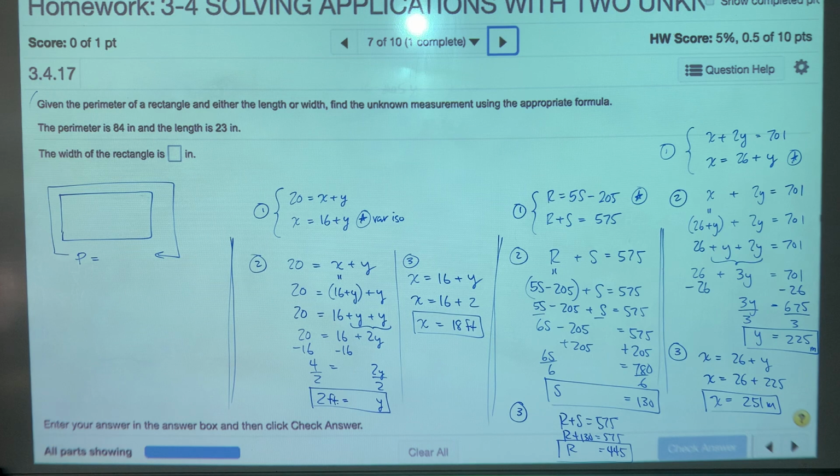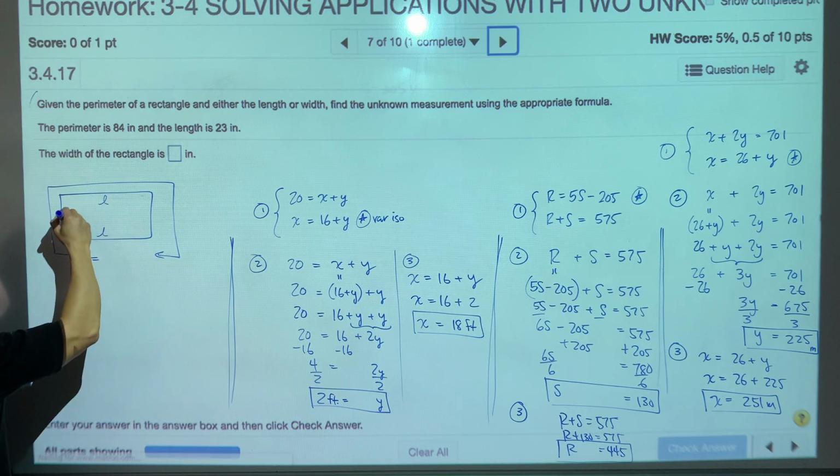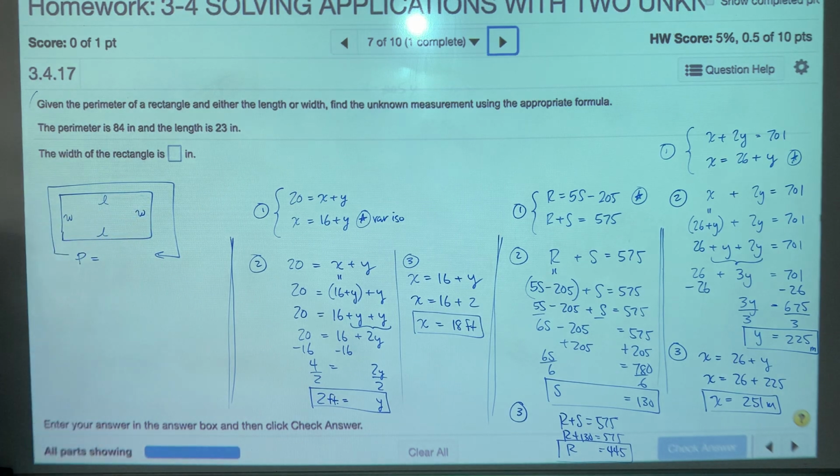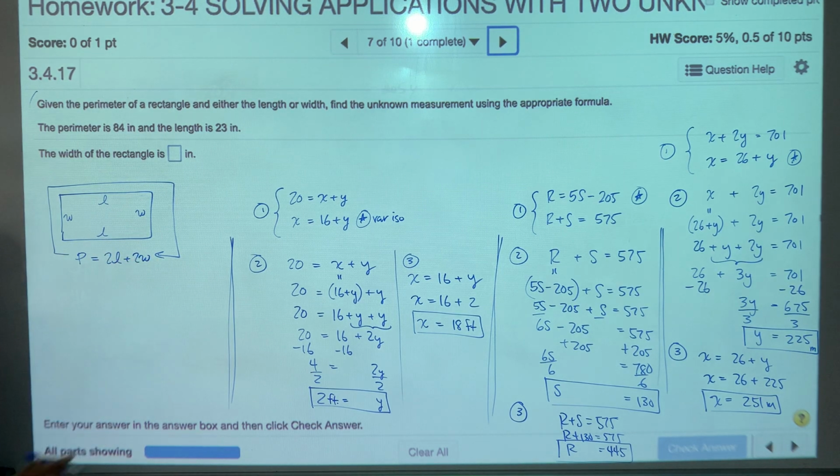And the distance around the object is comprised of 2 lengths and 2 widths. Everybody agree? In other words, the perimeter of an object is 2 lengths plus 2 widths. That will tell us the total distance around an object, a rectangle in particular.